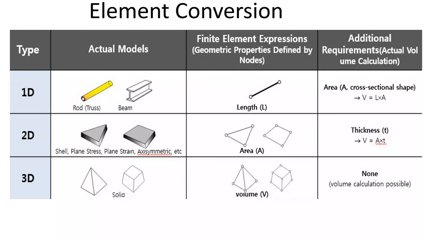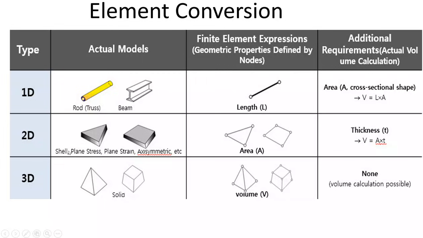Based on that, rods and beams are considered 1D. The finite element expression, the geometrical difference, is a straight line, so only length will be considered. The secondary parameter will be an area, so then we can consider volume: length into area. Length is the primary input, and area is the secondary input.